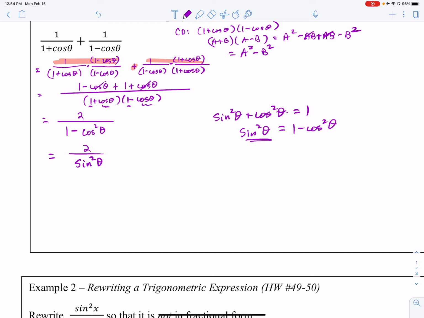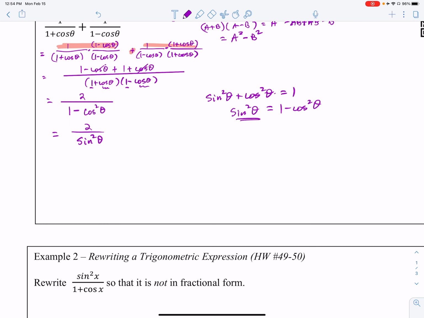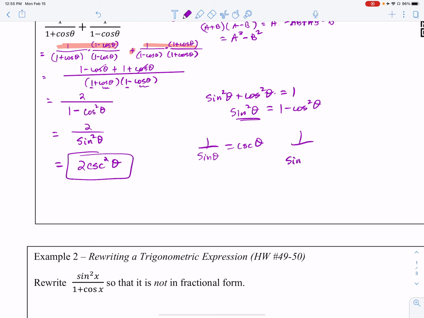And then we don't want a fraction, so we can simplify that because 1 over sine theta is cosecant theta, and so 1 over sine squared theta is cosecant squared theta. So I'm going to write this as 2 cosecant squared theta. Again, 1 over sine theta is cosecant theta, and so 1 over sine squared theta is going to be cosecant squared theta.